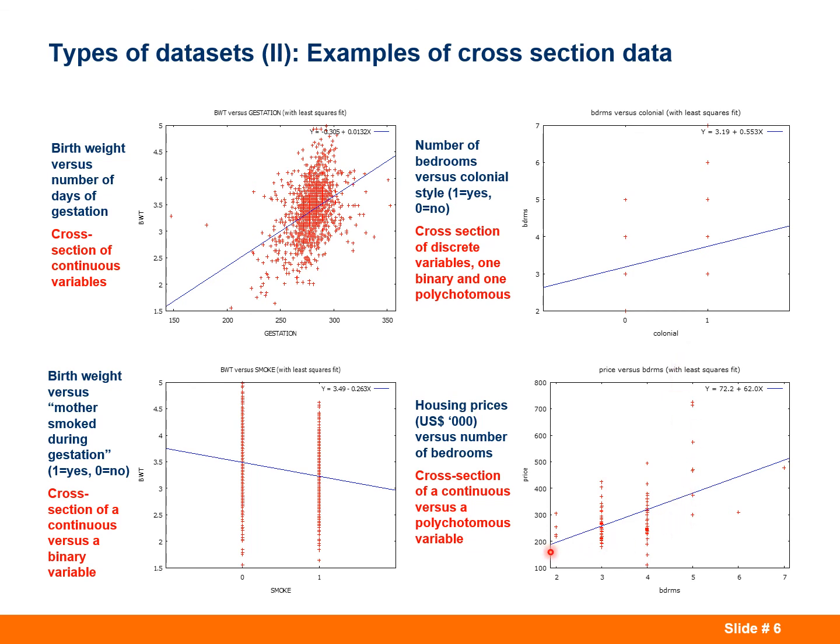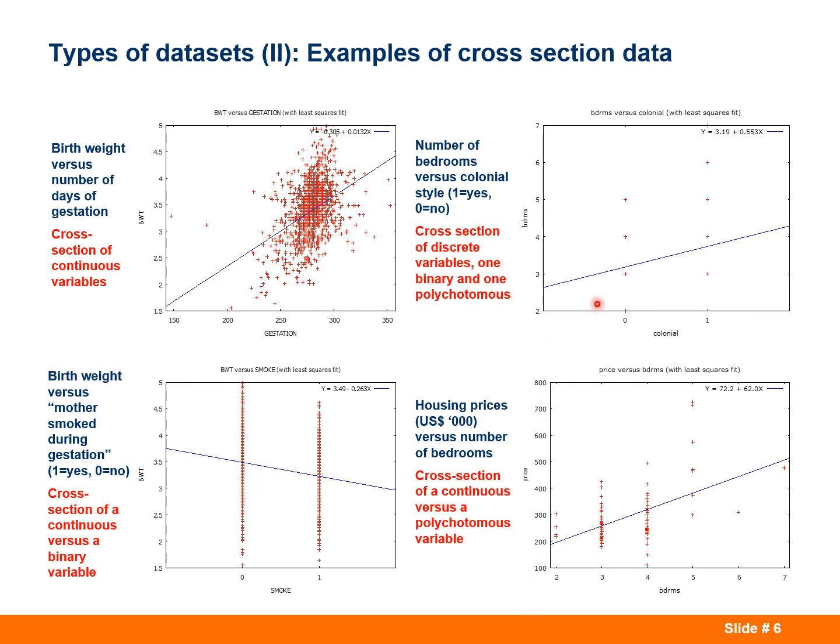You have more or less a reasonable distribution up to 4 bedrooms, and then 2 single data points that act here as outliers in the sample. Probably you are better off if you delete these data points before analyzing your sample. So in this case, you have a polychotomous discrete variable versus a real value variable.